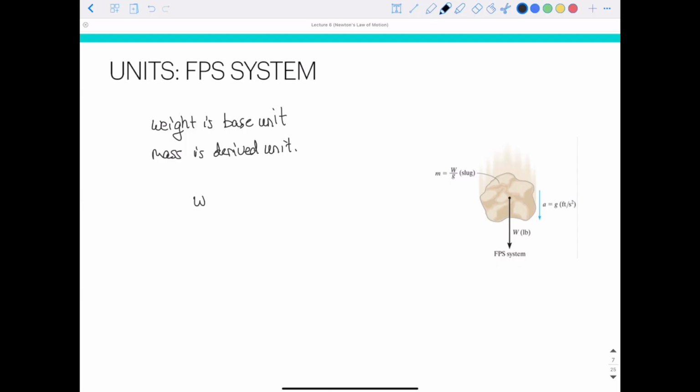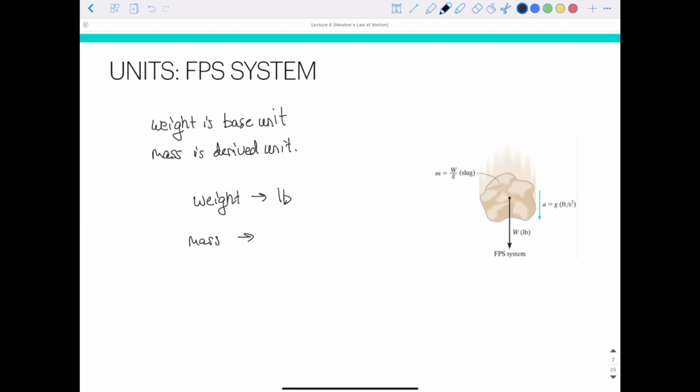Our weight would be given in pounds, and mass is measured from this weight.